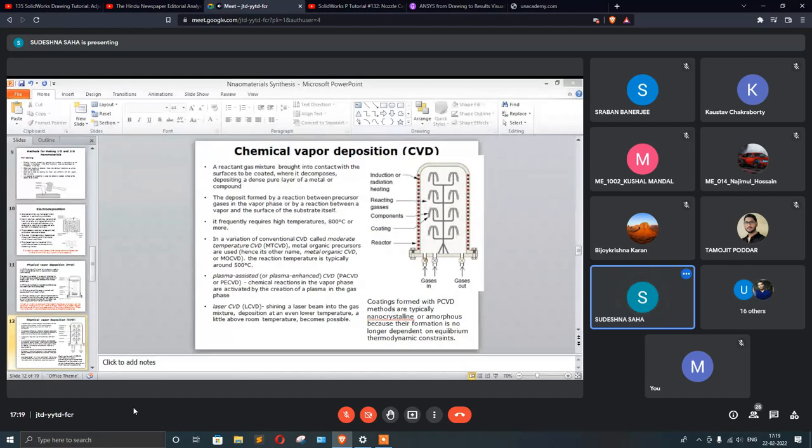Okay. Now for chemical vapor deposition, if you look over here at the bottom, there are two gas inlets. The reactant gas mixtures are brought into contact with the surfaces that need to be coated, where it decomposes, depositing a dense pure layer of metal or a compound.